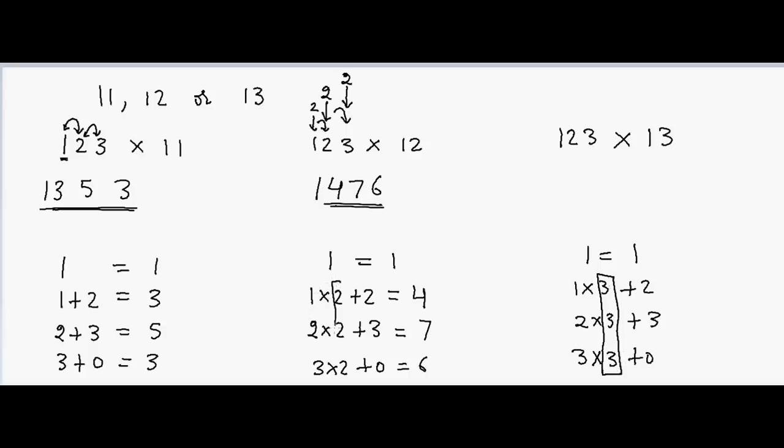Here I multiplied all the numbers by 2, and here I did not do any multiplication because it was 1. If I add these numbers, it will be 5 9 and 9. So the answer will be equal to 1599. That's how I'll multiply any number by 11, 12 or 13.